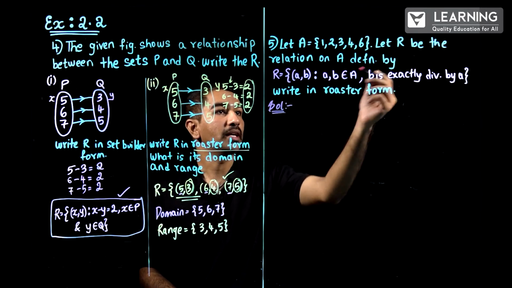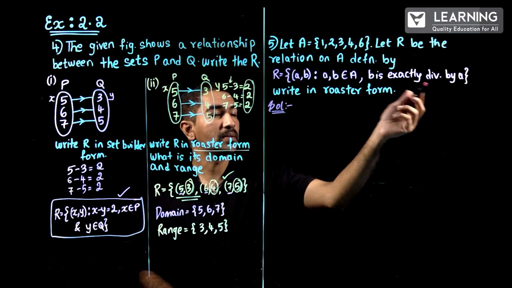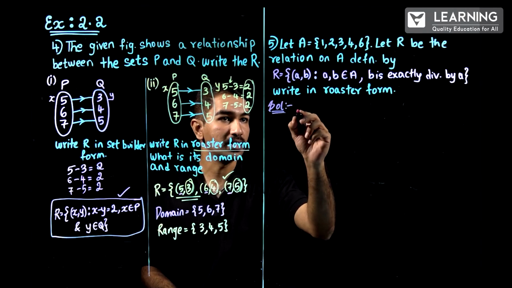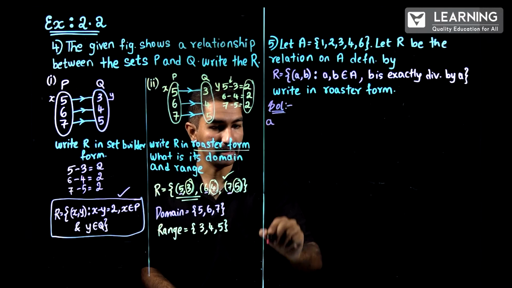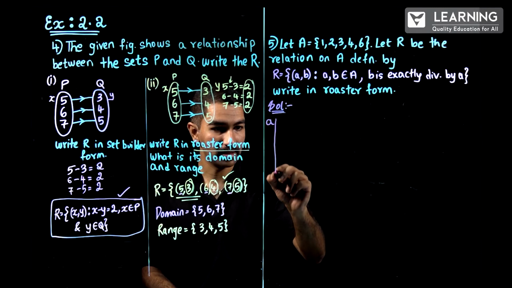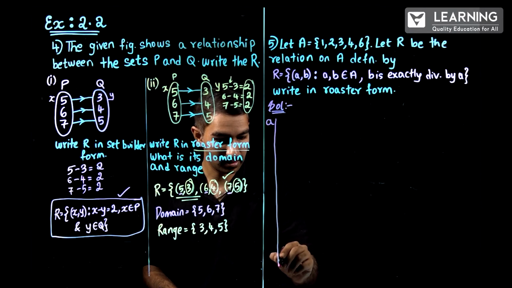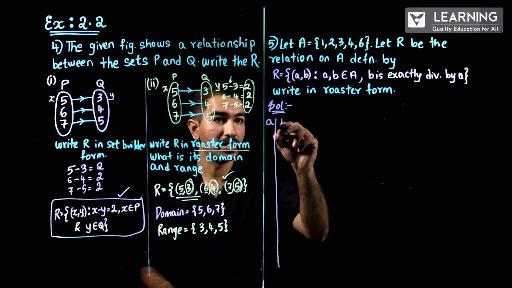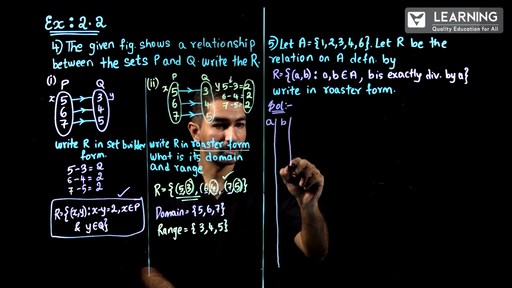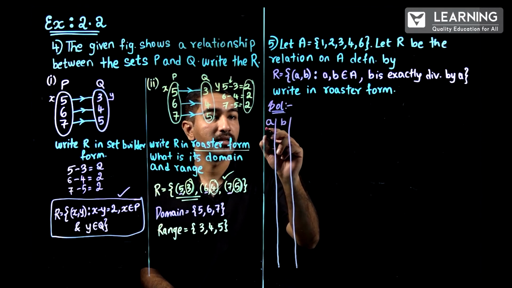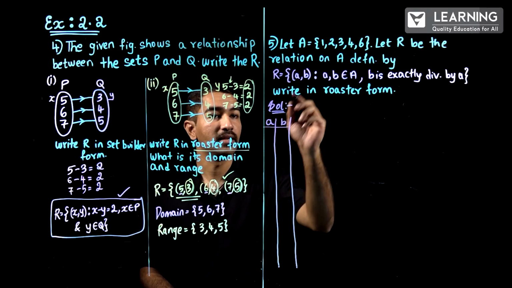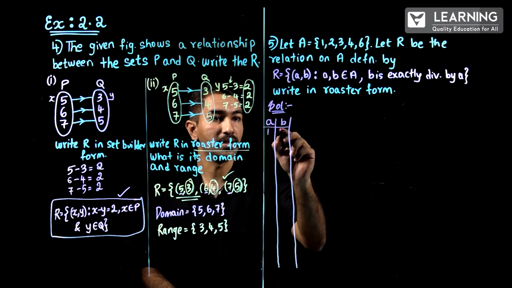Okay, so (a, b) belongs to A and b is divisible by a, correct? So now students see this. We will write one column here, A. Here we will write B. Now see this: a equals 1, b equals 2.